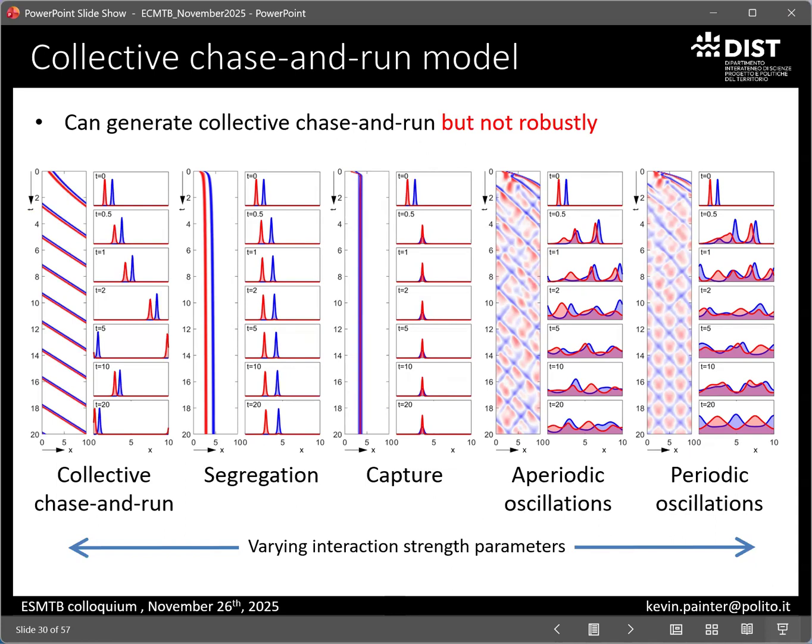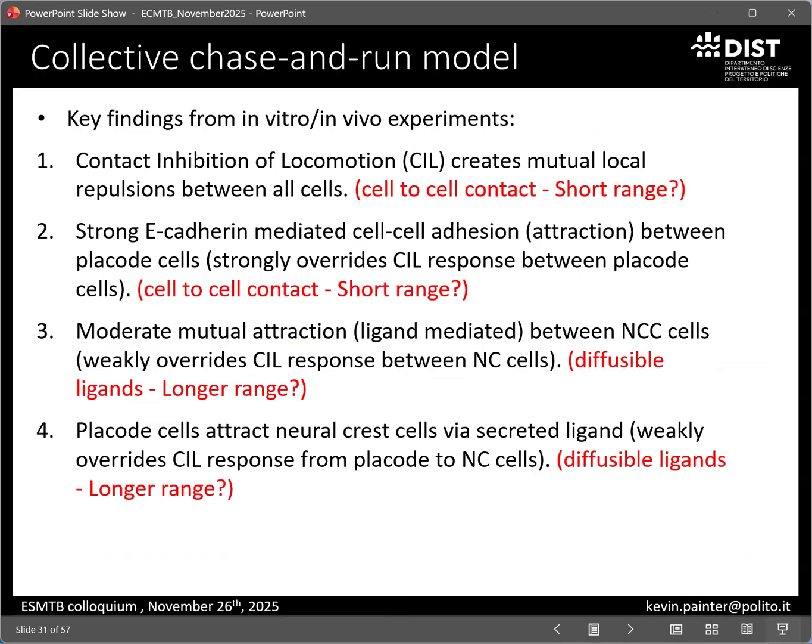So at that point, we really wanted to understand what you could add to get this collective chase and run in a robust way. And that's when we thought to look at the ranges of interaction. Because so far, in those simulations that I've shown, we were assuming the same range of interaction for all of those processes.